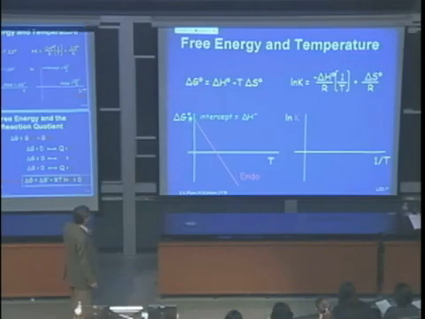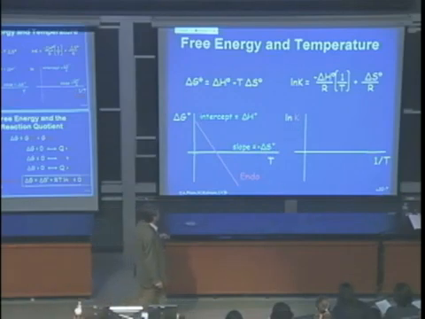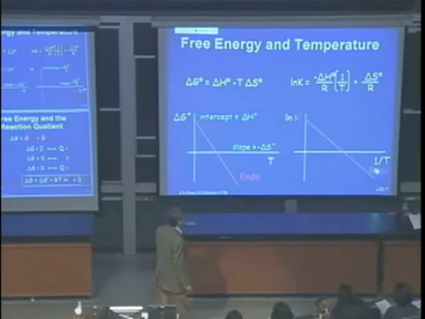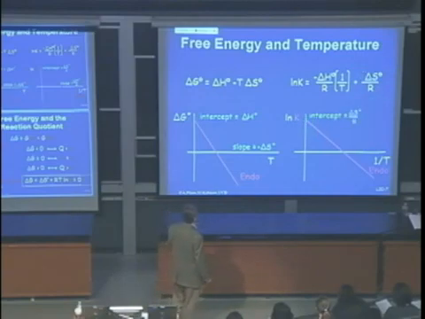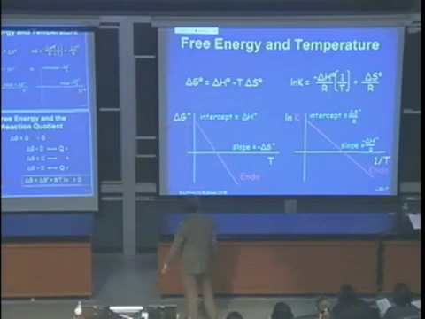And if I have ln k over 1 over T, then my slope is minus delta H over R, and the intercept would be delta S over R, okay? Intercept is delta S over R, and the slope is minus delta H over R. So if I give you something like this, you will be able to calculate this.